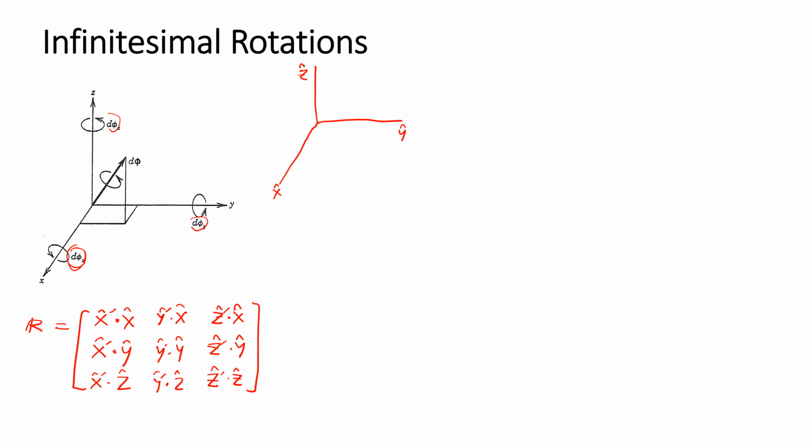If we rotate about x with a very small angle, we change the y direction to y prime and the z to z prime, with the small angle.